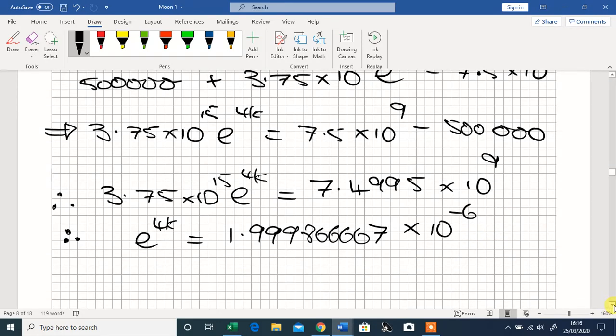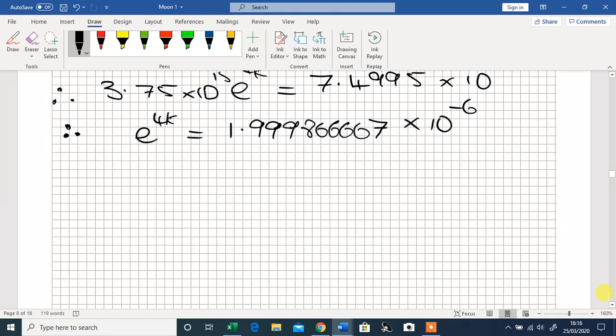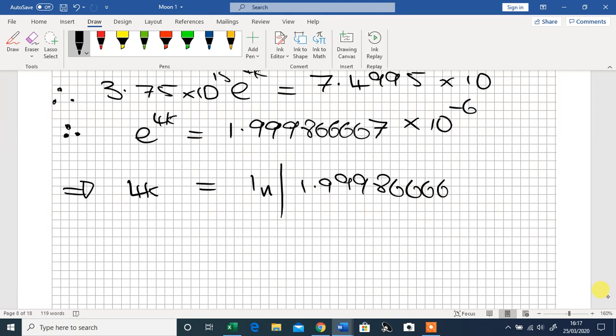If you remember, to get rid of an exponential, you take logarithms. So you get 4k is equal to the log of 1.999866667 times 10 to the minus 6.